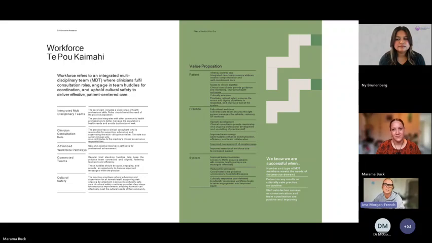So if you are kaimahi working in a practice that has disability needs, what is the advanced workforce pathway for you within that space? So it is looking around each individual within their role within the team, and then how do we help support them? And that doesn't necessarily have to always mean a career pathway, as in nurse to nurse prescriber to nurse practitioner.